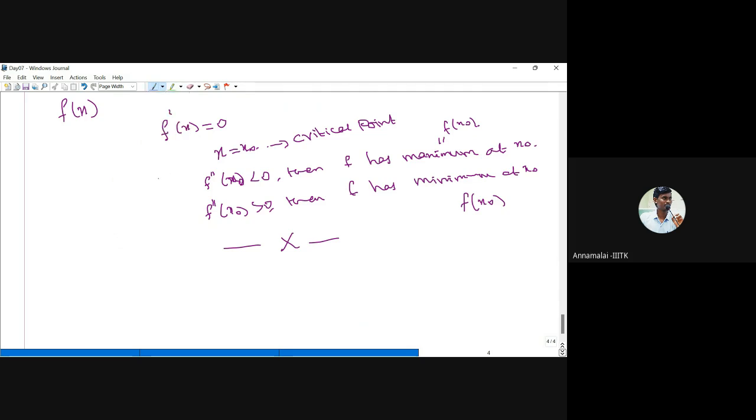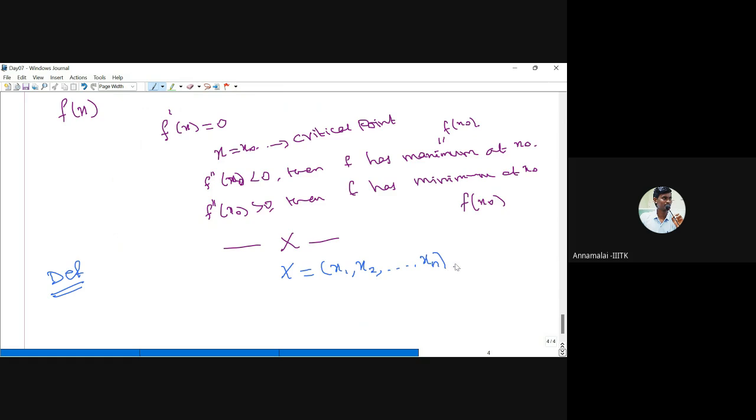Suppose maybe we can extend this into a definition. Suppose I am simply writing f of x. Suppose I take capital X equal to x1 comma x2. Maybe I can take any general case, so I take n variables.